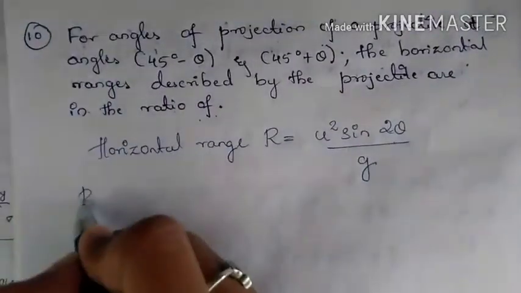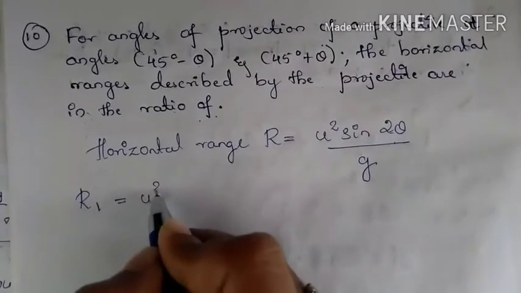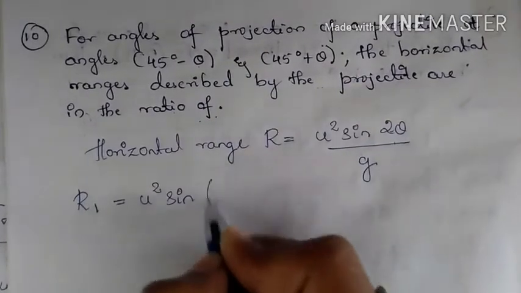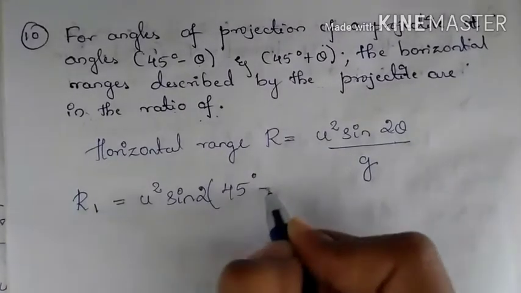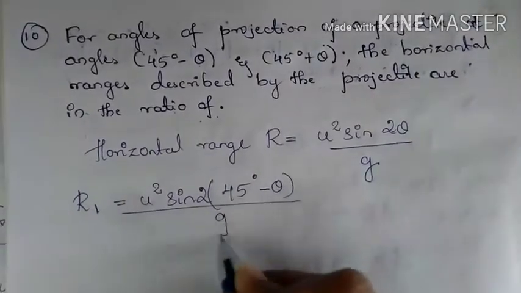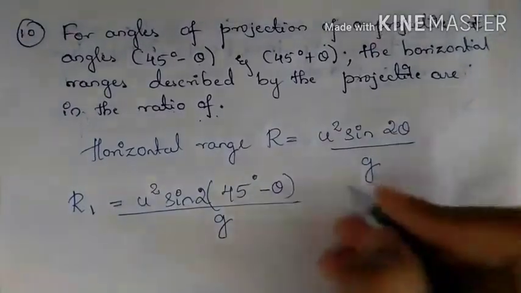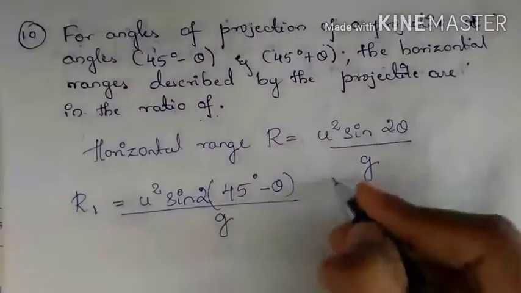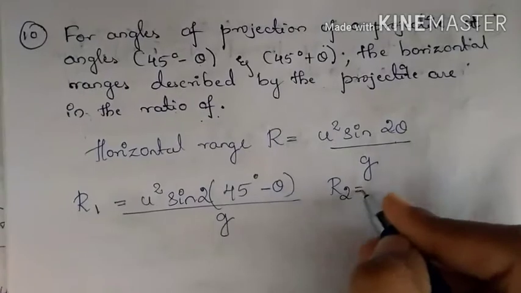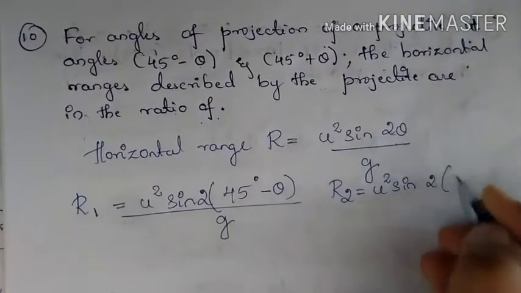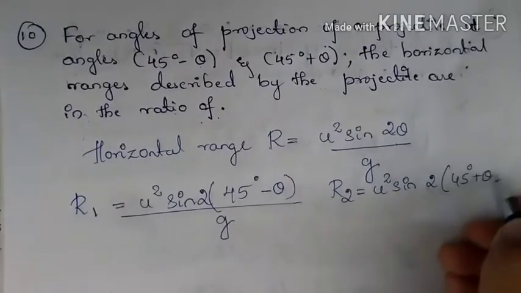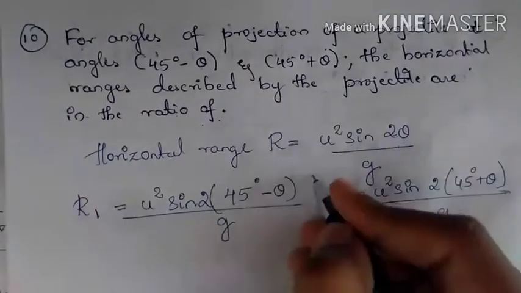So R1 can be written as u square sin 2 of 45 degree minus theta divided by g, and R2, if I write R2 here, R2 will be u square sin 2 of 45 degree plus theta divided by g.